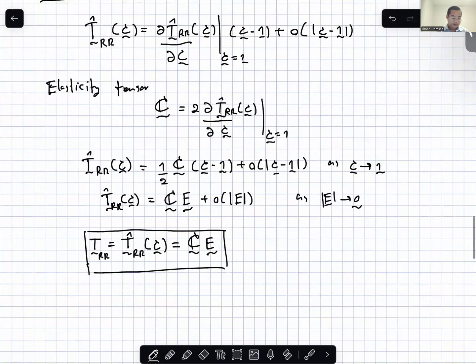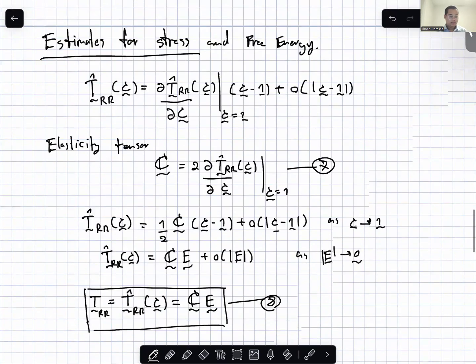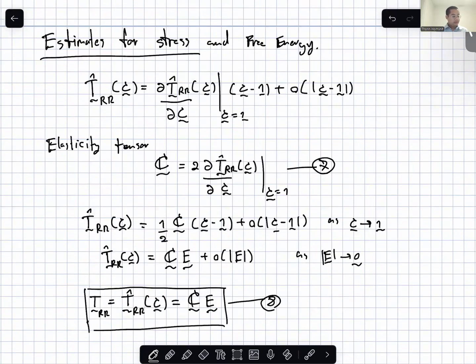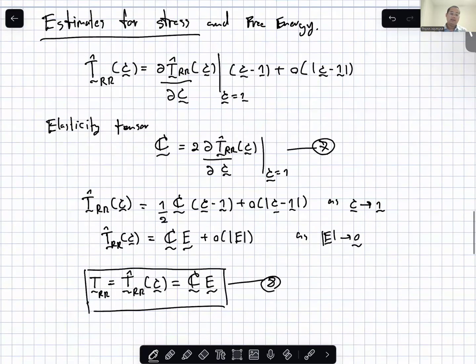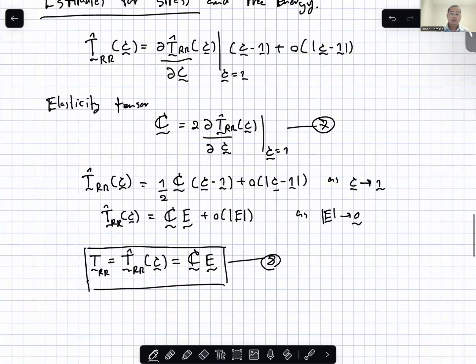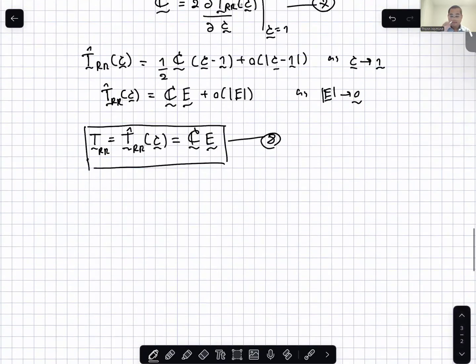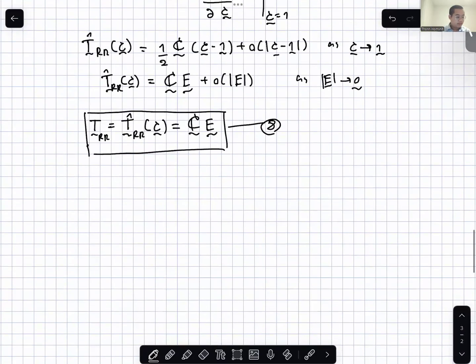So this one is equation 7. This one is equation 8. All right. The next one: we already estimated the stress, now we're going to estimate the free energy.